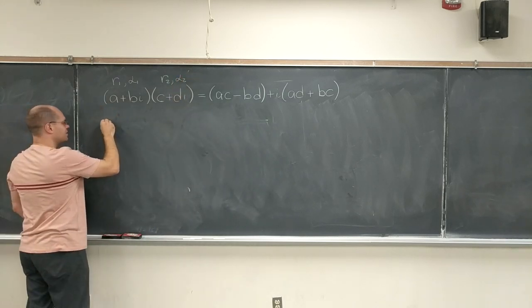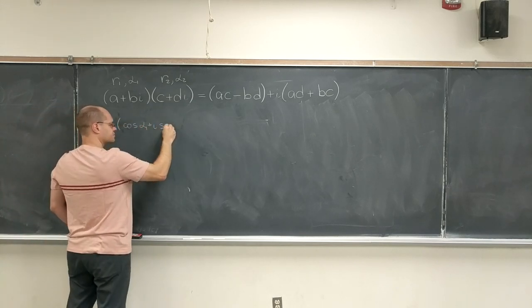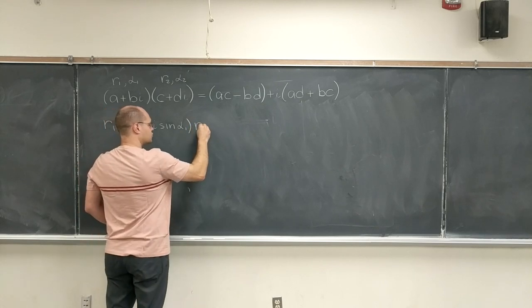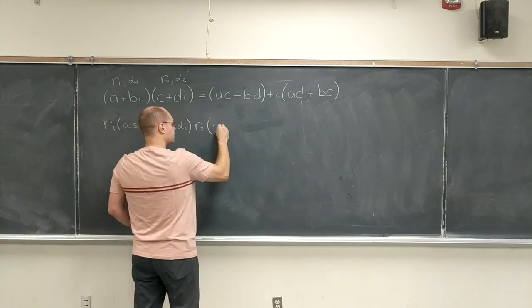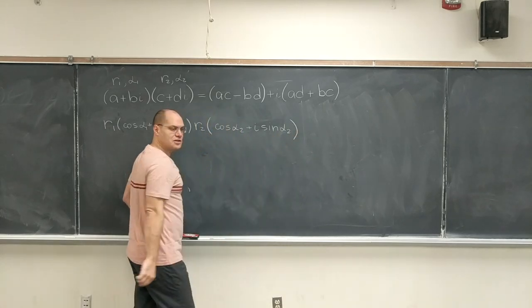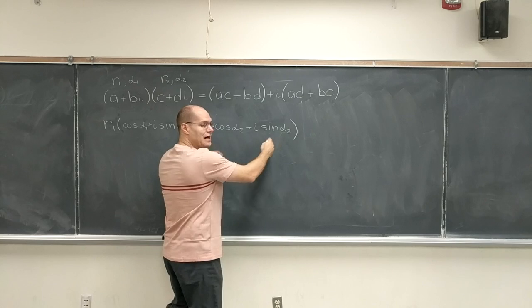Then this number can be written as R1 times R2, or using the notation that we just introduced, this is f of alpha 1 and this is f of alpha 2.